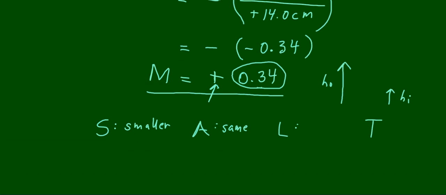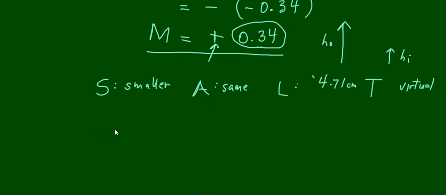The location of the image is 4.71 centimeters from the optic center, and the type of image is virtual as given by the negative sign that is attached to the distance to the image.